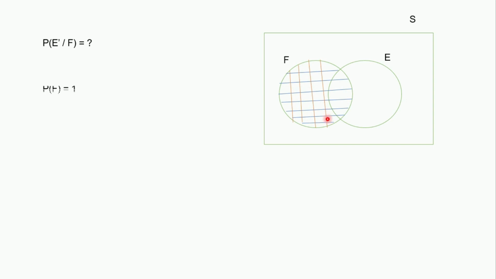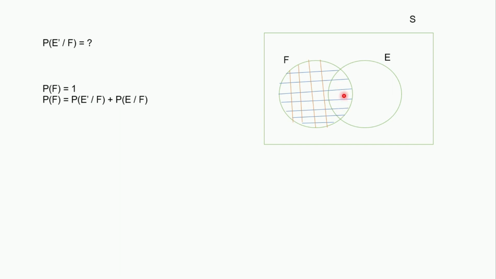So we know that probability of F equals 1 because F is here the sample space, and sample space probability is always 1. If you don't know these basic things, then make sure you watch the previous video. And so we can write like this: probability of F is probability of E not happening given that F already happened, this part, plus probability of E happening given that F has already happened, this part.